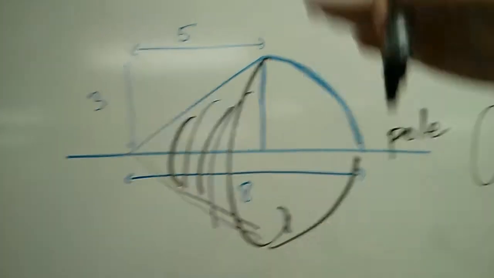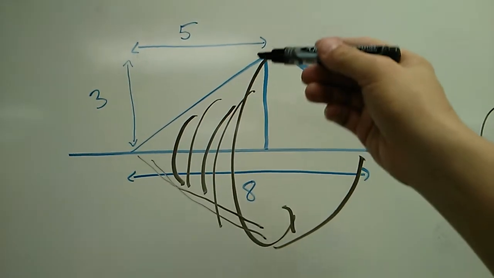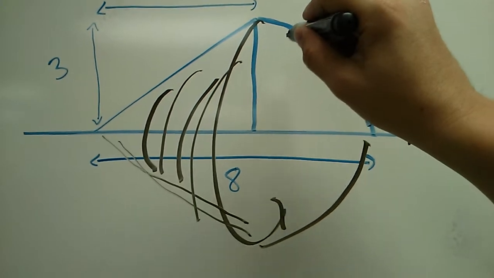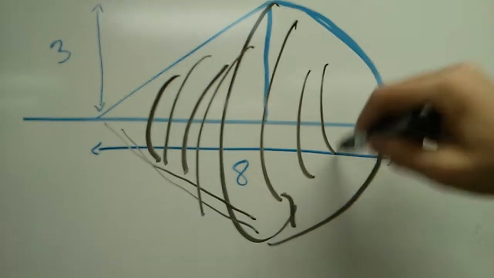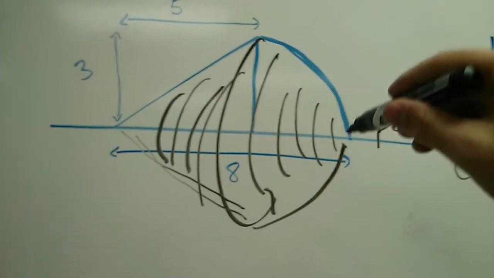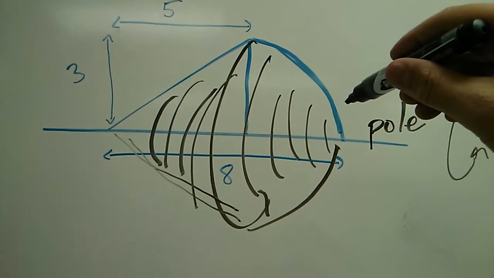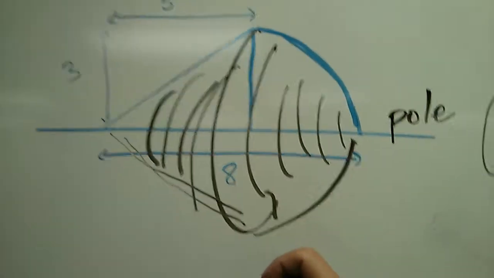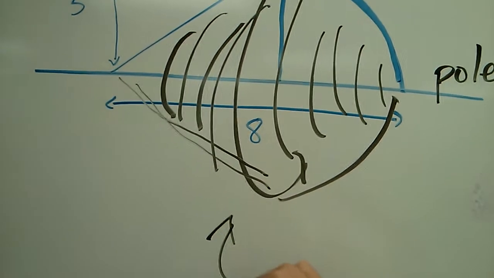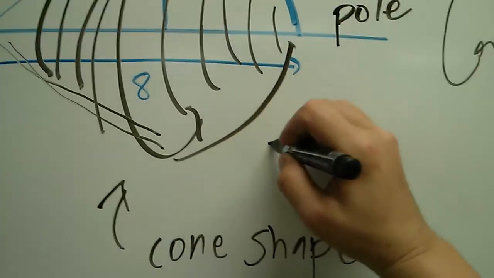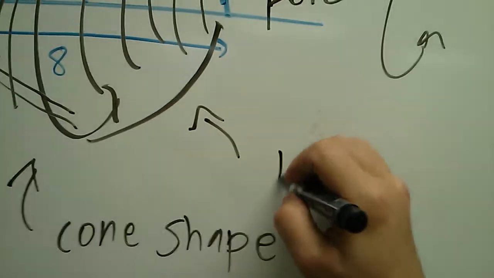If we're rotating it around this x-axis, this triangle up here becomes cone-shaped, while this quarter of a circle up here becomes half of a sphere. So this becomes a cone shape, and this right here is half of a sphere.